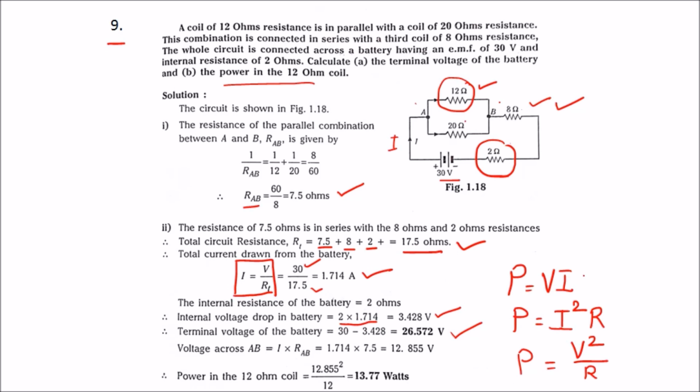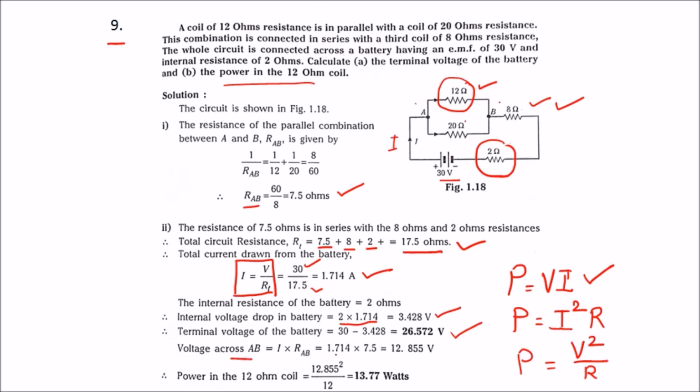The easiest one is this, as we know the current and we can find the voltage across the 12 ohm resistance. First we will find the voltage across AB.